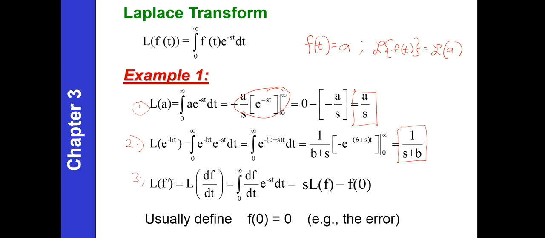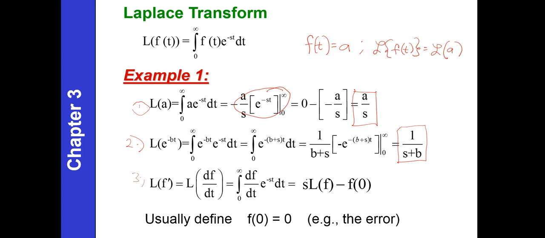So another example. In this example, the function is a first order derivative, so f prime. The Laplace transform of f prime is equal to the integral of the derivative of f over dt times e to the negative st dt.